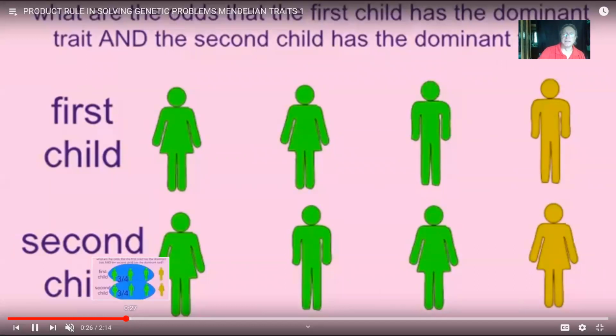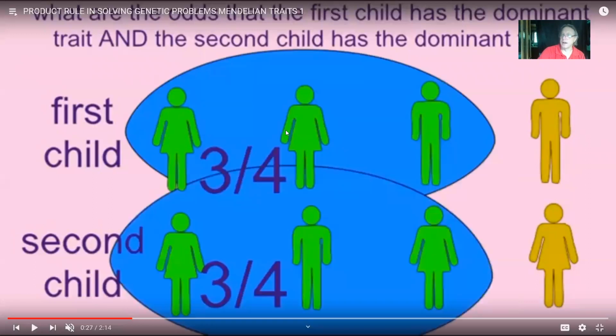The alleles inherited by the second child are not dependent on the alleles inherited by the first child. Sperm and ova don't run out, all right? It's not as if there was a small pool of sperm or ova, and once the first child gets these, then there's a different number remaining for the second child. So these are independent events, and I use the word "and." What are the odds that the first child has the dominant trait and the second child has the dominant trait?